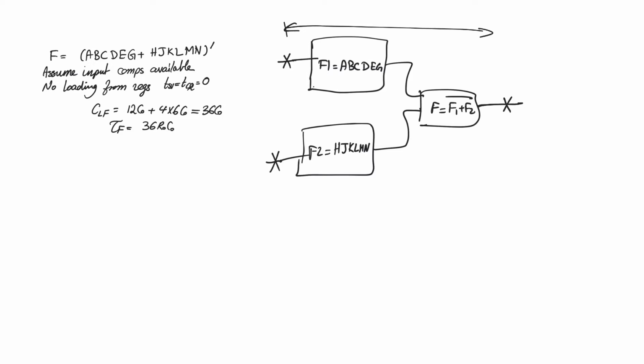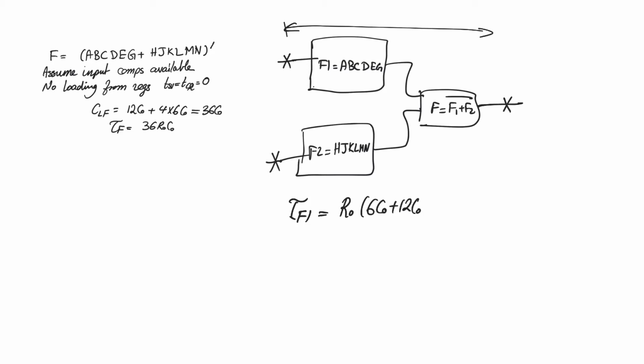So if we assume we are sizing for resistance equal to the unit inverter, the resistance is going to be R0, but the self-loading and external loading capacitance have to be calculated. We have a 6-input NOR, which gives us 6 NMOS transistors in the pull-down network connected to the output node, imposing 6 C0, and we have a single PMOS transistor in the pull-up network, but that single PMOS transistor is sized at a size of 12, so we have 12 C0, and this is the internal or intrinsic loading from the gate F1.